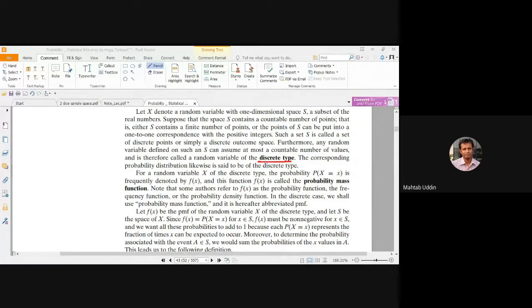It is flying continuously, right? So the distance occupied by a bird is actually continuous type. So they are the continuous random variables, and their probability distributions are called continuous distributions. Do you understand? Yes, sir.